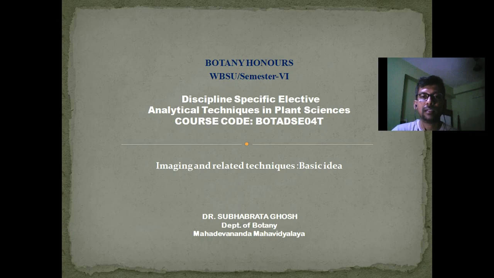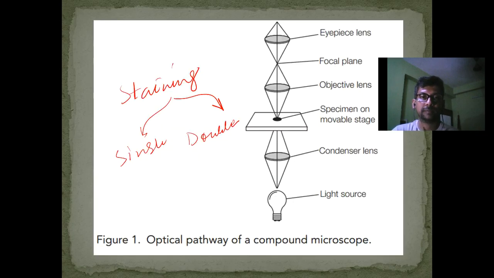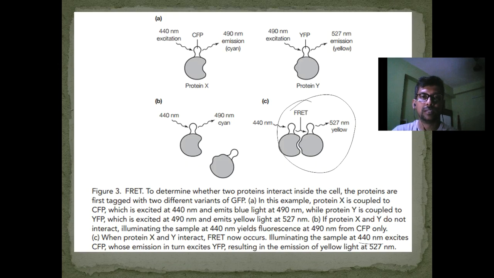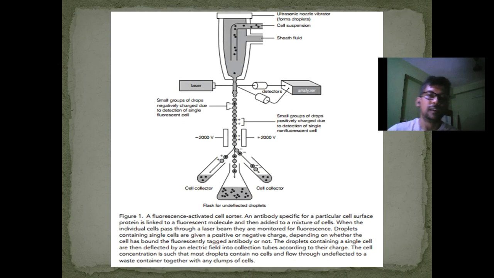Actually, this is a fluorescence activated cell sorter. Follow this. Here an antibody specific for a particular cell surface protein is linked to a fluorescent molecule and then added to a mixture of cells.